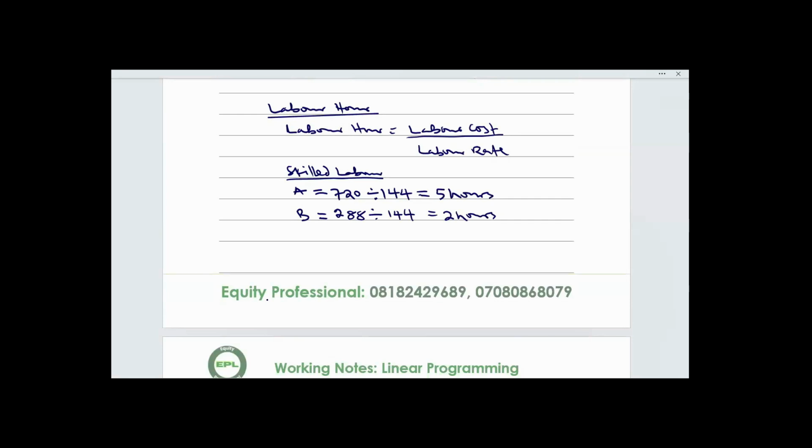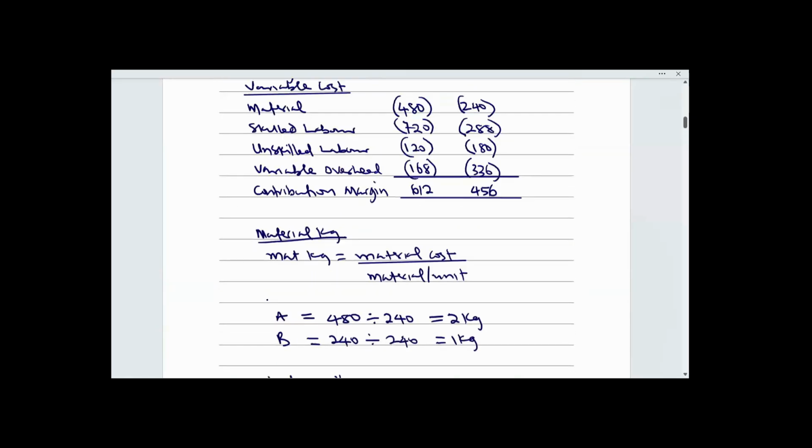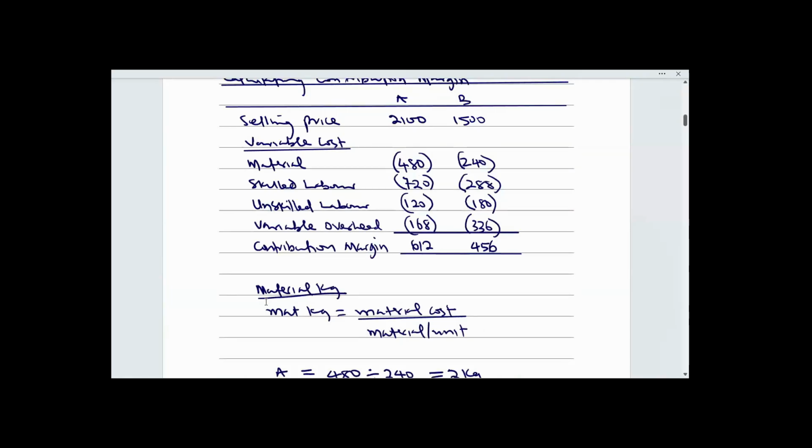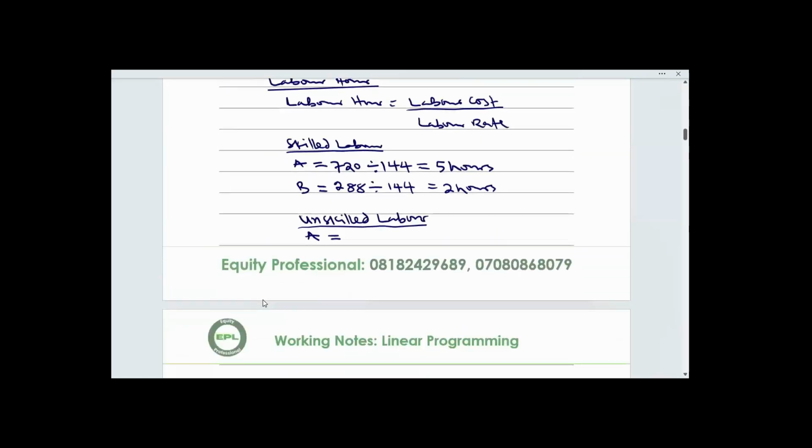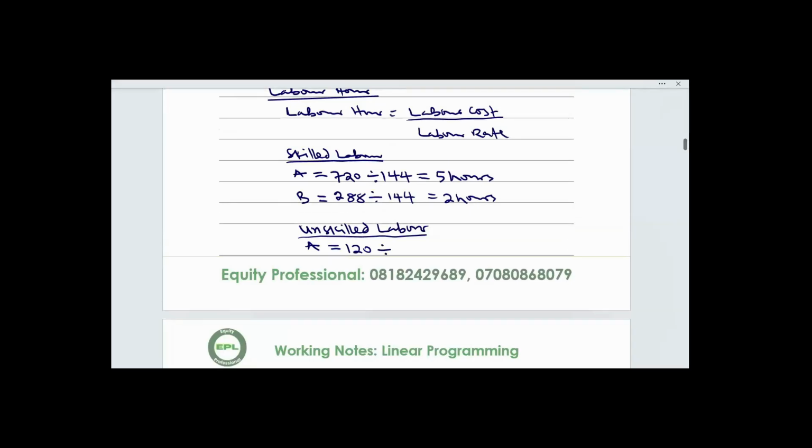Yes. Then unskilled labor, for grade A, the unskilled labor cost is 120 naira. So 120 divided by the labor rate for unskilled labor, 60 naira per hour.